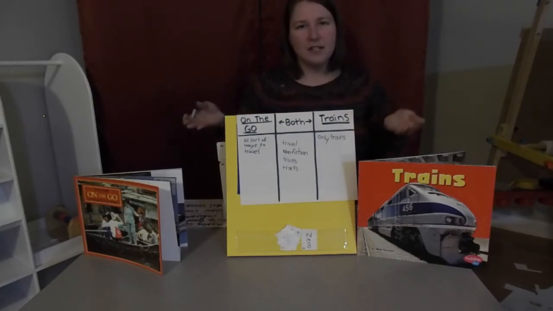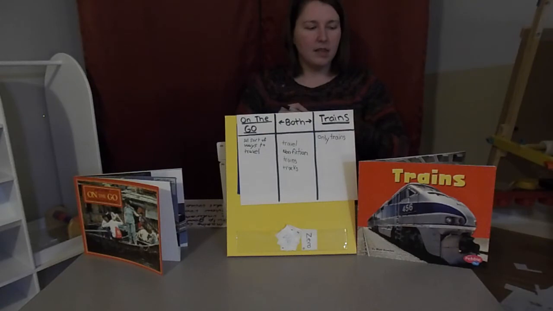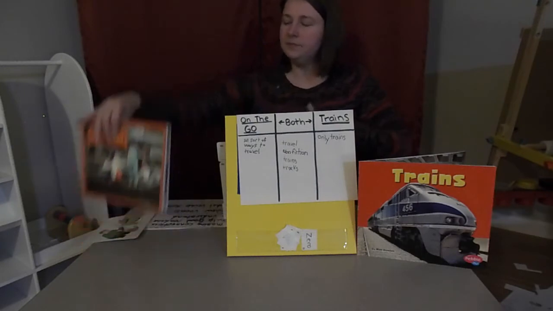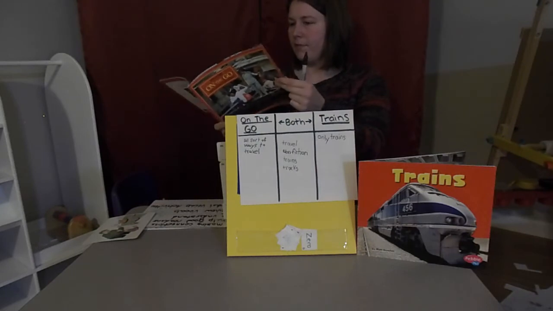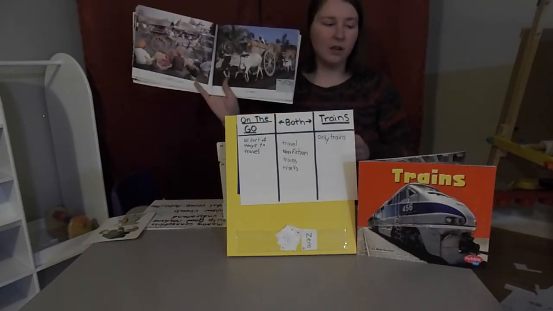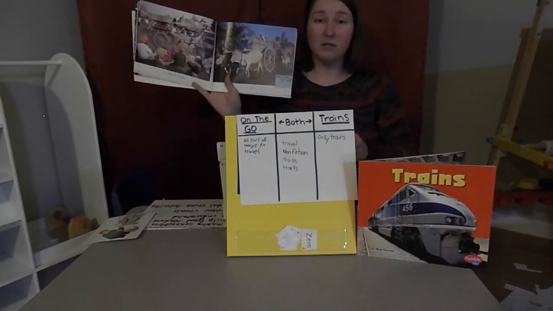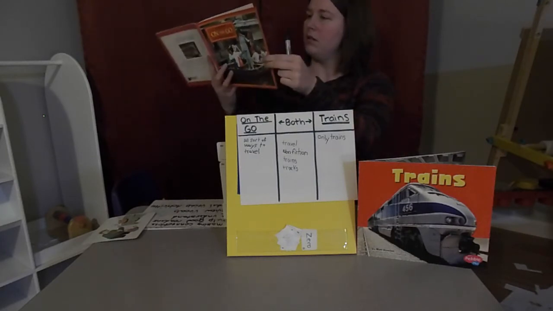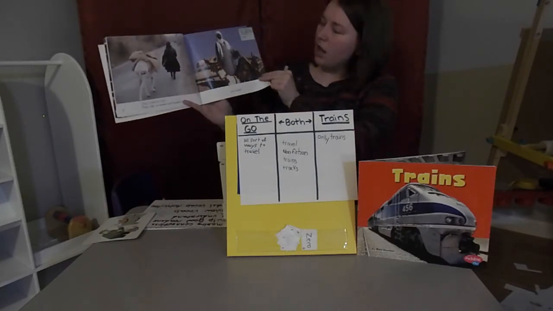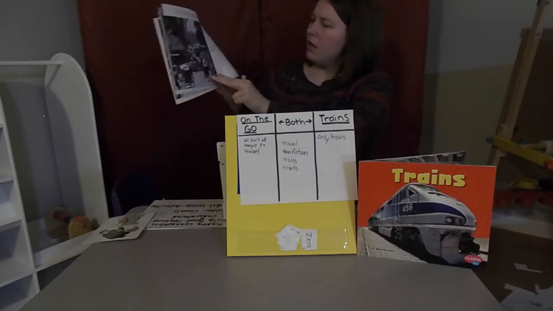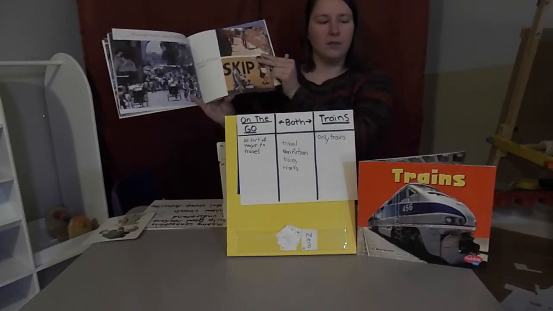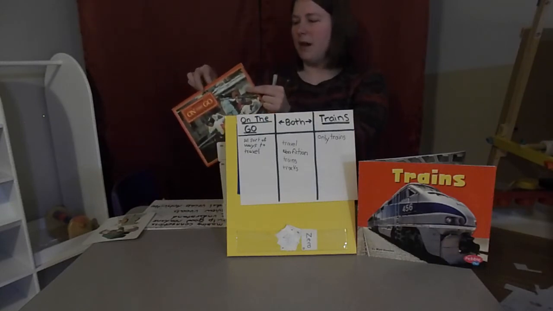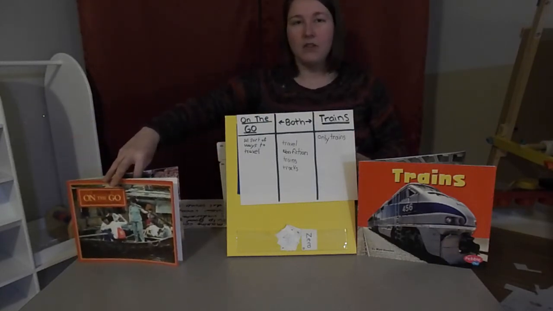What other differences did these two books have? Let me think. Well, in this book, we saw animals, and we saw how people travel in different cities around the world. There wasn't much mention about different places other than our country.